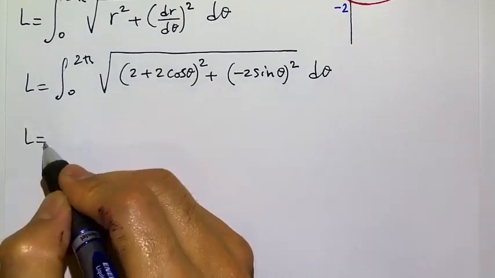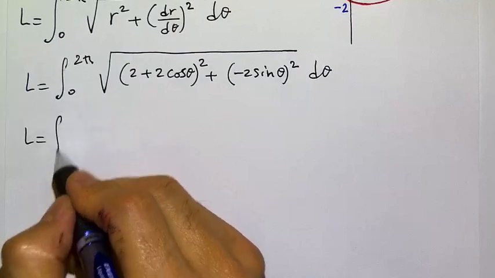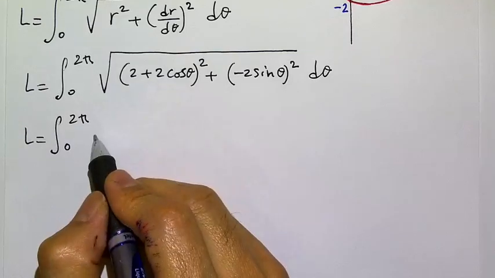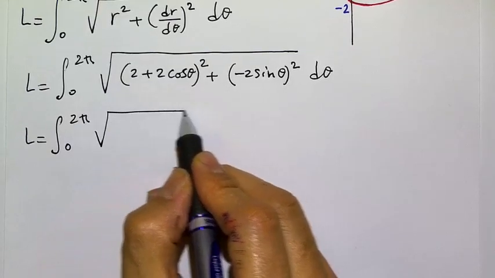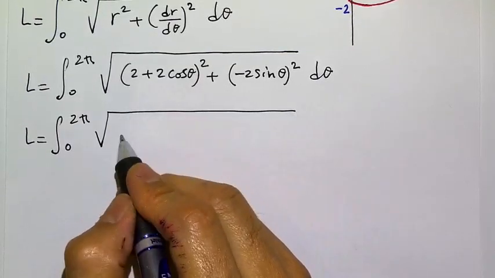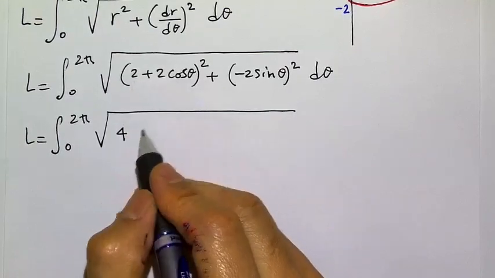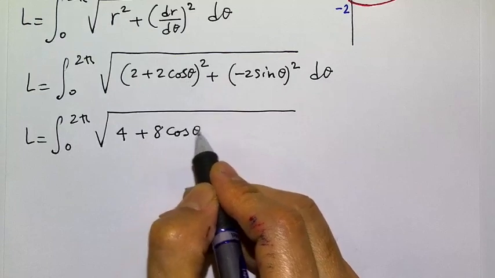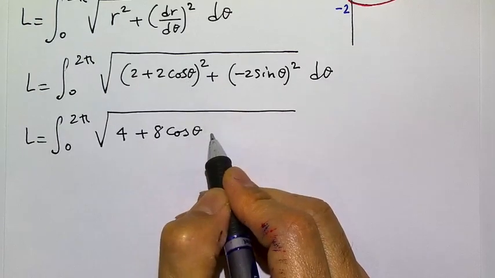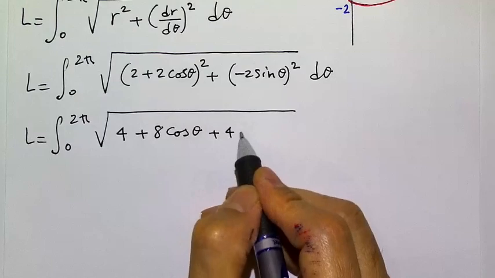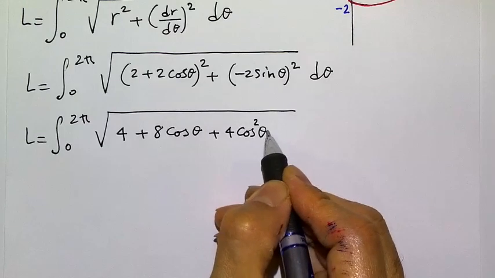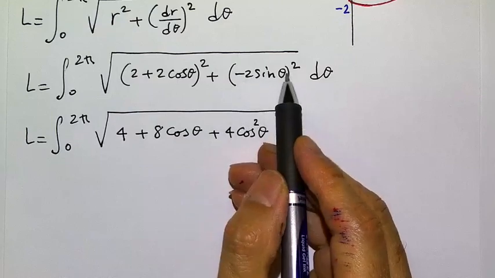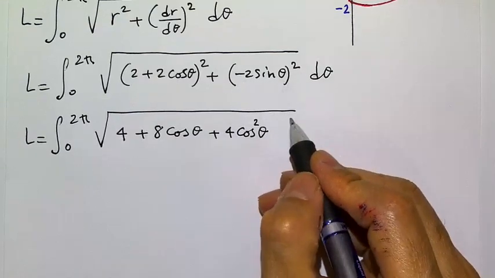So we have this equals integral from 0 to 2 pi, and then let's expand this. We have 4 plus 8 cosine theta plus 4 cosine squared theta. And then plus this squared, we get 4 sine squared theta, right?